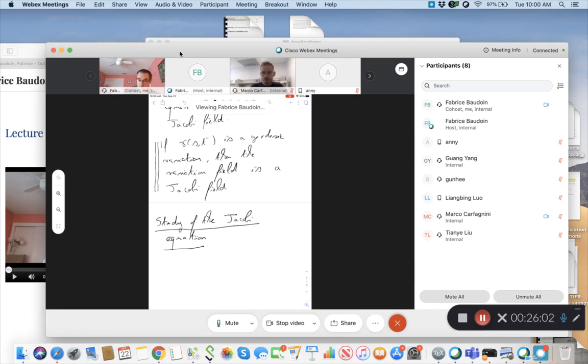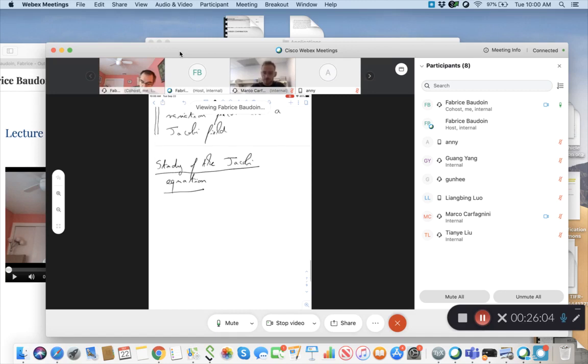So if we summarize a little bit, if gamma is a curve, I don't even need to speak of variation anymore, because if I consider a curve, I can simply define the Jacobi equation along this curve. The solution of the Jacobi equation is going to be a vector field defined along this curve. So to define the notion of Jacobi field and Jacobi equation, I don't need a variation.